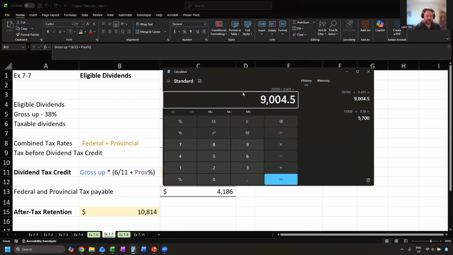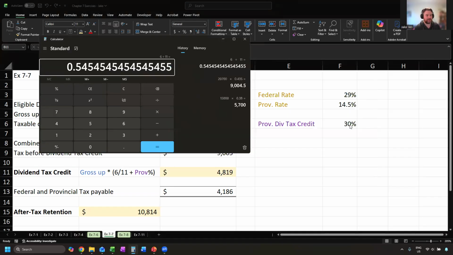So 6/11ths comes out to about 55%. So 55% of the gross up is going to come through as a federal tax credit. But we're also going to get a provincial tax credit of 30%. So 55% credit for federal, 30% for provincial.